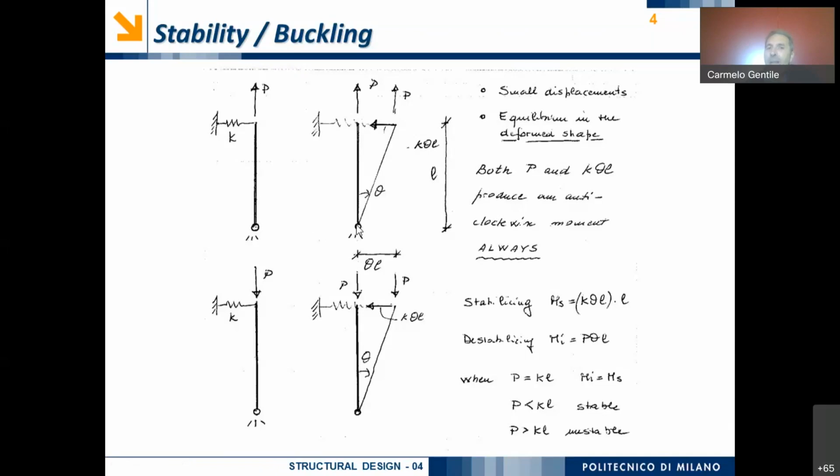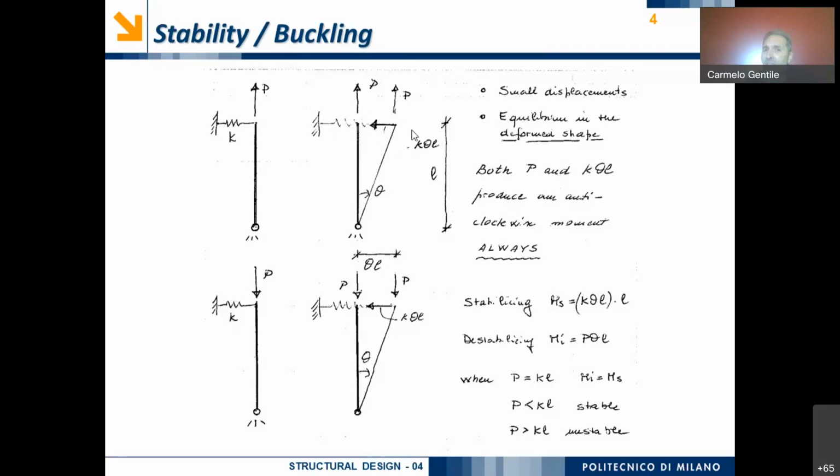After I have moved the equilibrium position by an angle theta, I can observe the bending moments with respect to the hinge connected to the ground. I observe that there is an anti-clockwise bending moment associated to the force P, and also an anti-clockwise bending moment associated to the reaction in the spring. So there are two forces, and both are anti-clockwise.